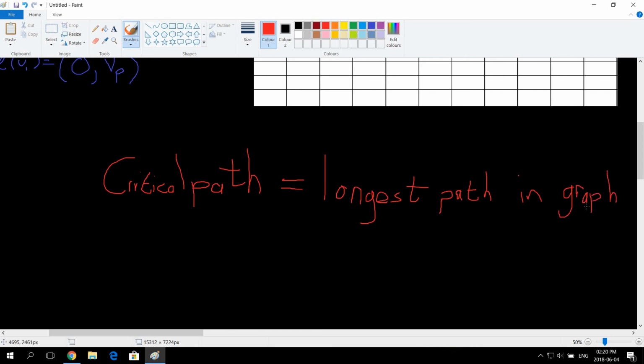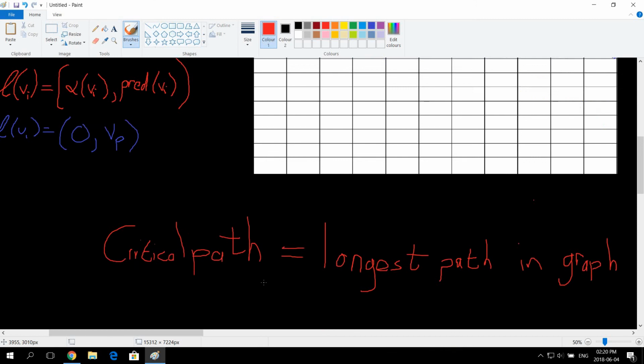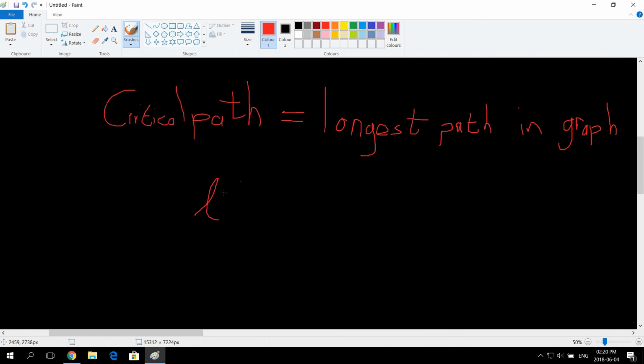That's the critical path. And in this instance, we can see it's V10. So we can write down V10, and it equals 24.